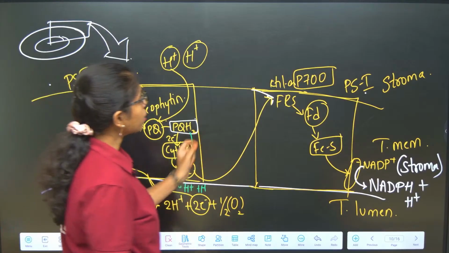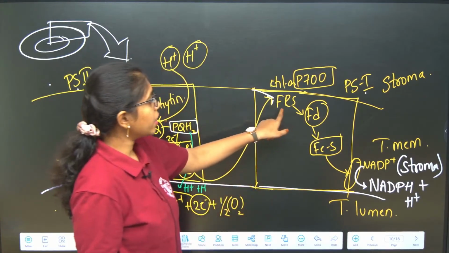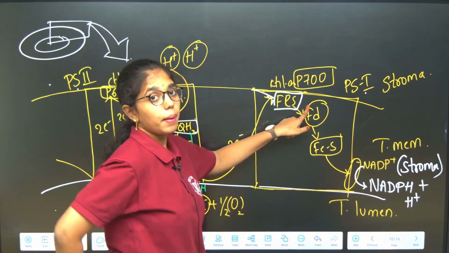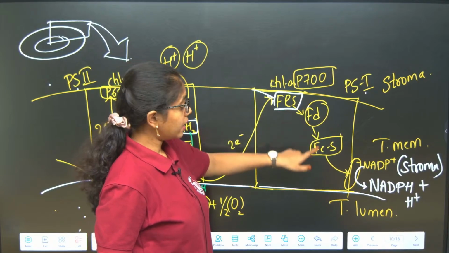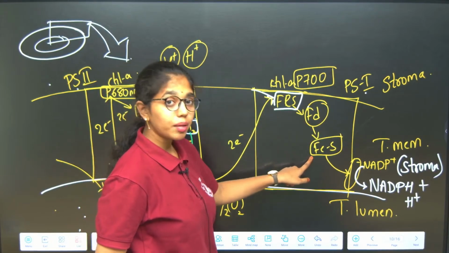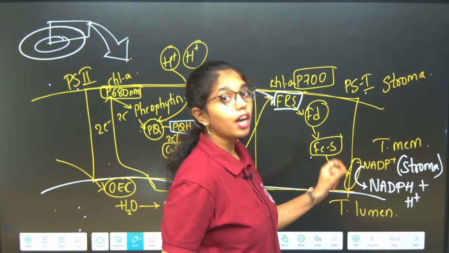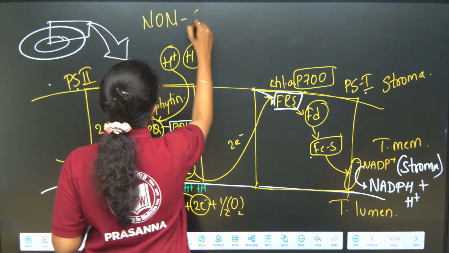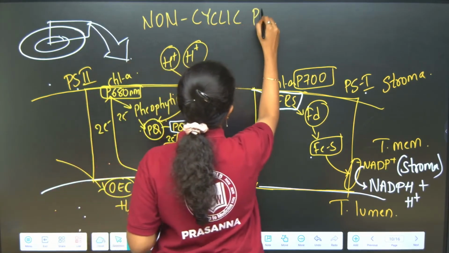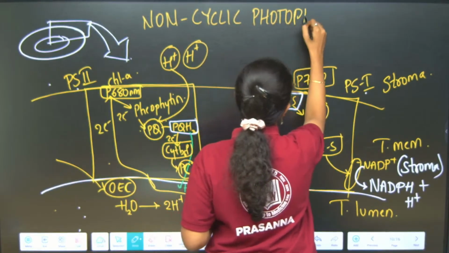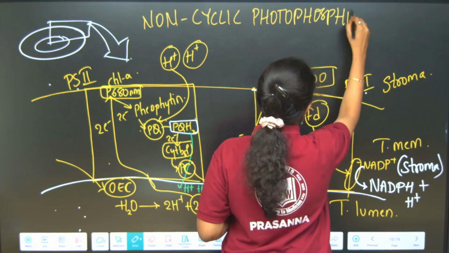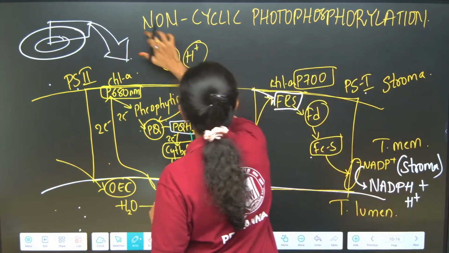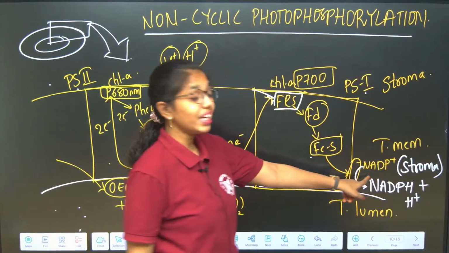From here, the electrons are again given to what? The PS1 complex, where the primary electron acceptor is ferredoxin, and then the ferrous sulfur complex. The ultimate or final electron acceptor of this non-cyclic photophosphorylation will be NADP+.